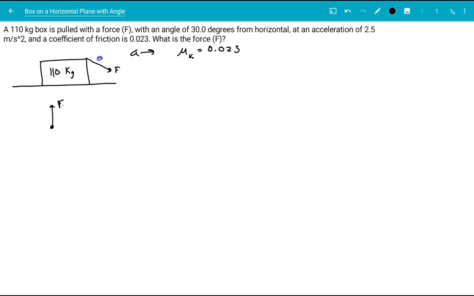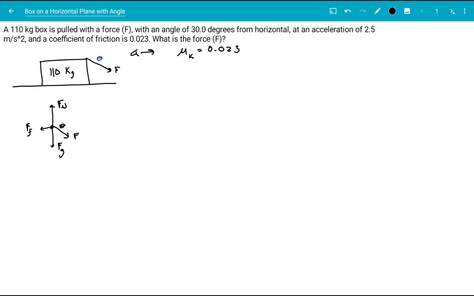We have the force normal. Make the arrows about equal because the box is neither lifting up or going through the surface. So we have Fg. We have a force F that's downward at 30 degrees theta, and the force of friction going back.